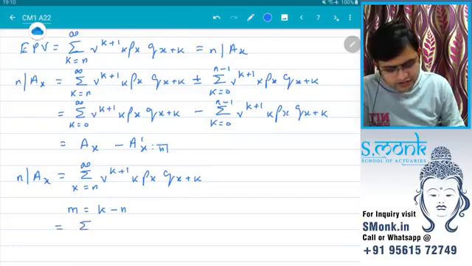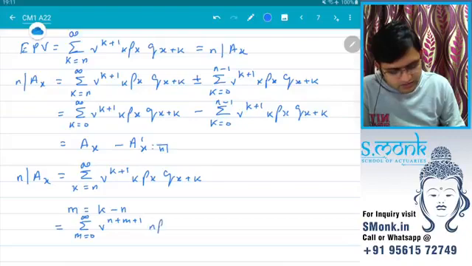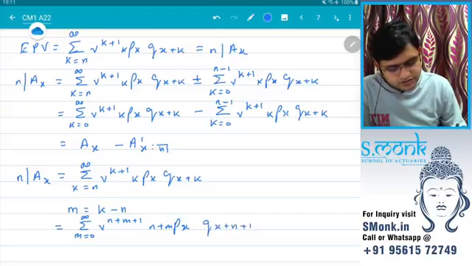Substitute that, m going from 0 to infinity v raised to, instead of k you can write n plus m plus 1, n plus m px qx plus n plus m.